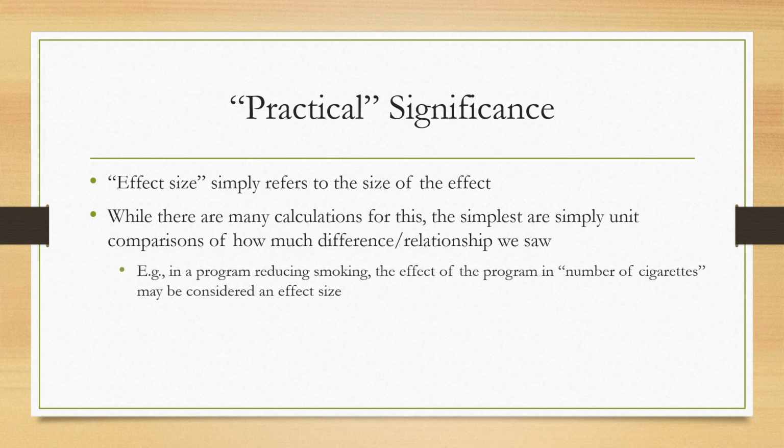So let's say I'm doing a program to reduce smoking. I really like how many cigarettes less the people in my program are smoking than the comparison group. That number of cigarettes could be considered an effect size. I like this because it really highlights what we're trying to study. With a lot of the fancy ones that you'll see and read about, the interpretations of them are lost on 99% of individuals who are using them and 100% of the individuals who are reading about it, especially in a practitioner audience.